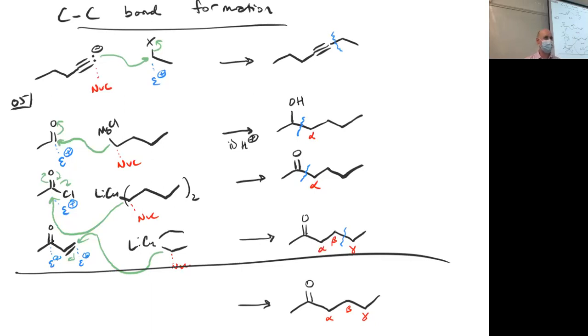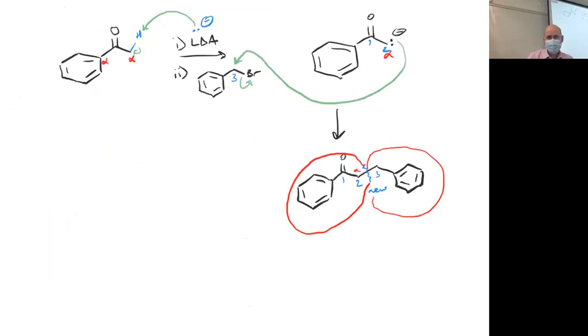So look at your products and see which bond you made. Anybody see it? We can go backwards together. All right, so let's go back to this one. This is our very first one.